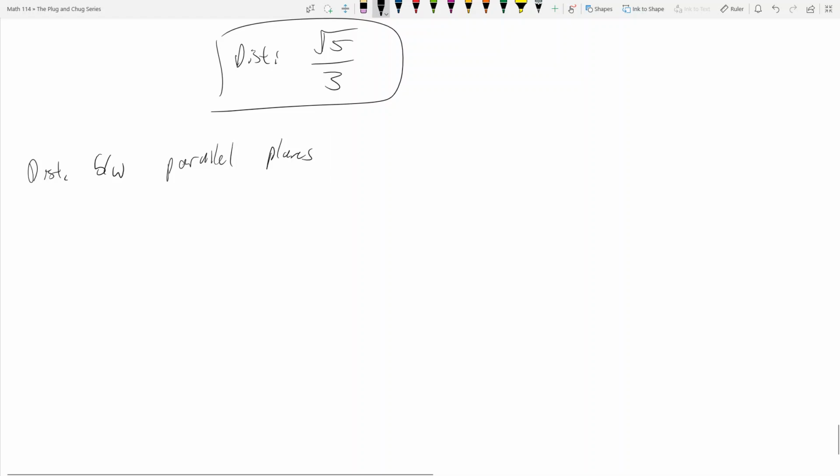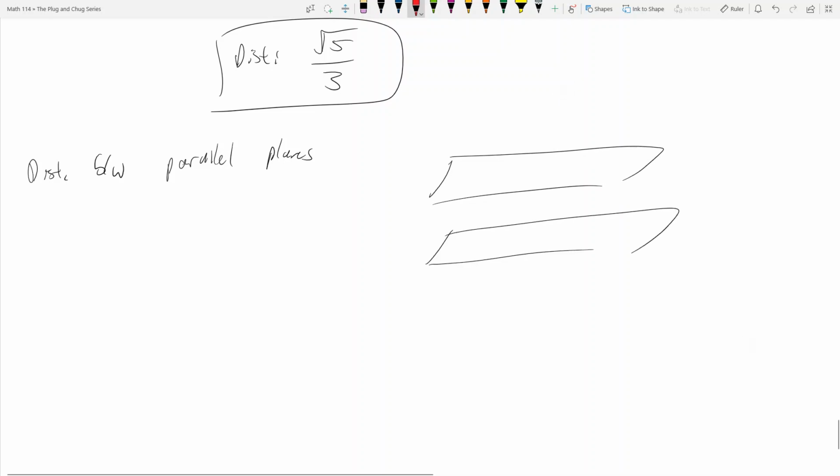The distance between parallel planes and distance between parallel lines is that you have two planes in space, and it doesn't matter which point I pick in one of the planes, because it's going to be the same distance no matter where I am on the plane to the other plane, right? So we kind of just treat it as a point in space and the distance from that point to one of the planes, okay?